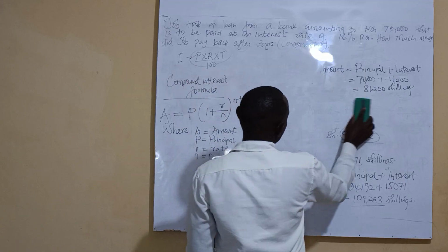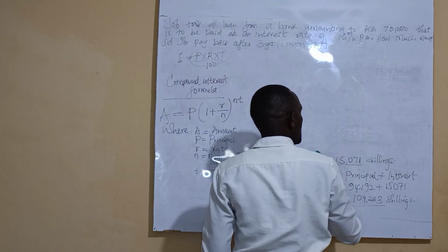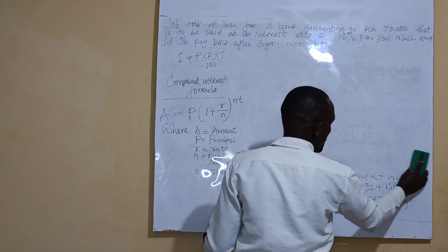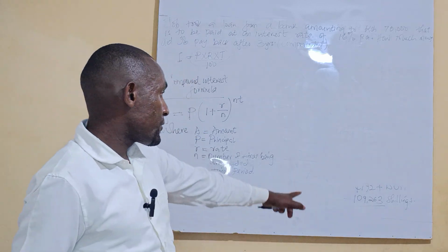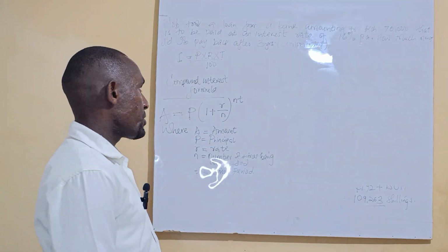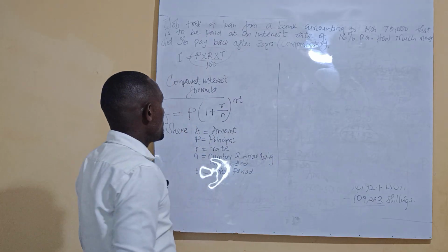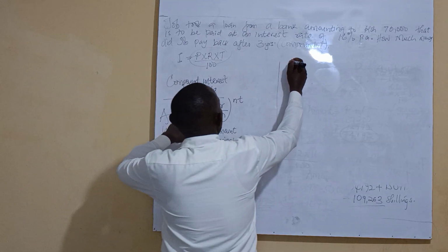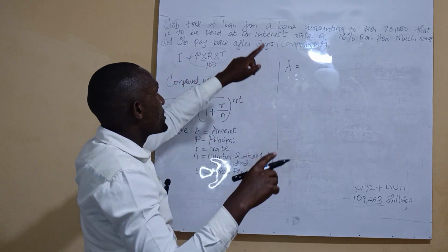Now let's put that formula into practice, and then we see whether we are going to land at the final answer that we have there. We have the amount is equal to the principal. We already had the principal somewhere.